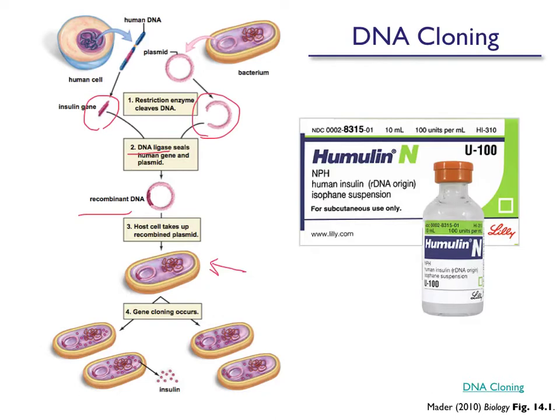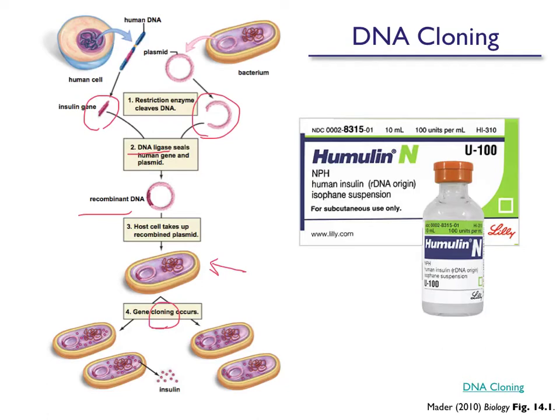Now, the unique thing about this plasmid DNA is that there's other genes on it as well. And so the bacterial cell recognizes this plasmid DNA and it'll transcribe and translate the genes that are encoded on that plasmid. And so as we've introduced the insulin gene now, the bacterial cell will start making copies of that gene, or cloning that gene.